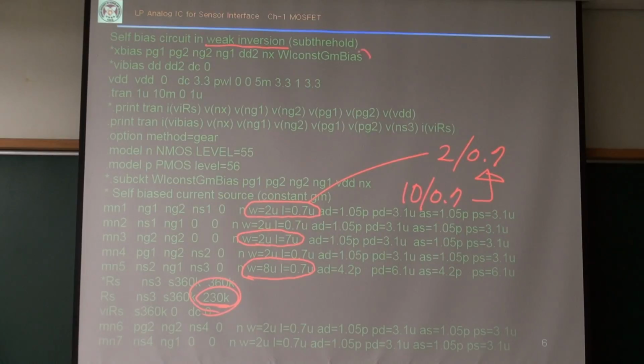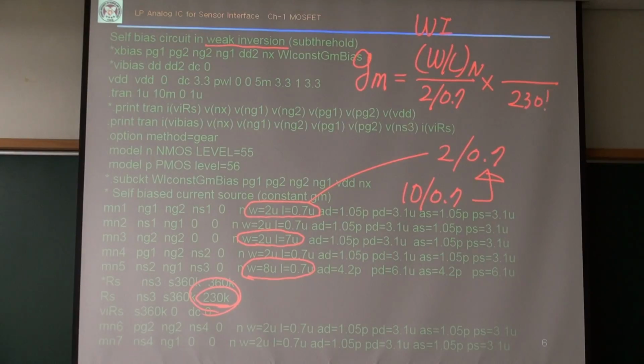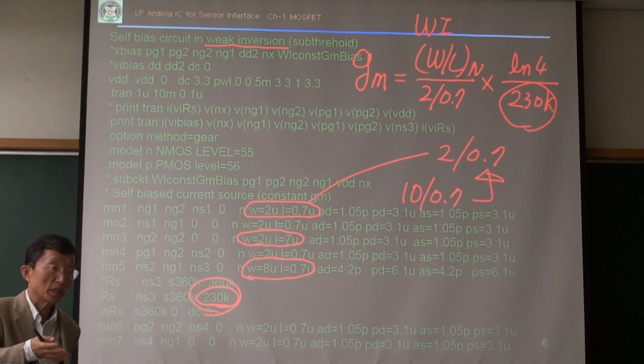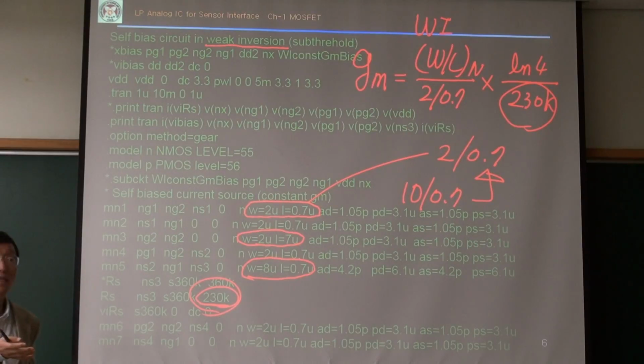So all the GM of the weak inversion transistor is the W over L ratio, and what's the W over L here? 2 by 0.7 times 1 over R, which is 340K, times log 4, something like that, right? So the GM with a weak inversion bias will be larger than GM with a strong inversion bias.